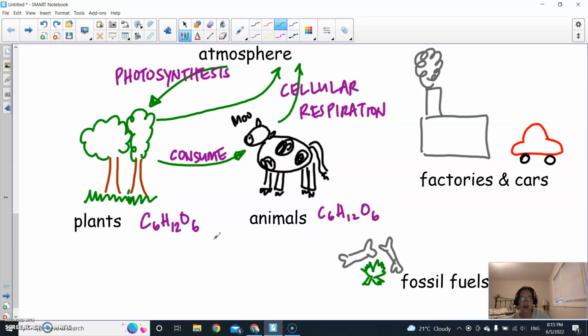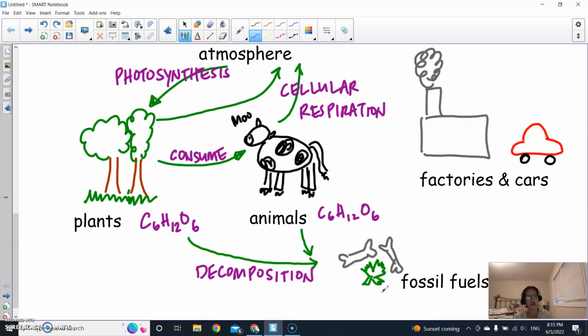So they die and they decay, and they turn into fossil fuels. So I'm going to point from the plants and also from the animals. This process is called decomposition. After millions and millions of years, it turns into fossil fuels.